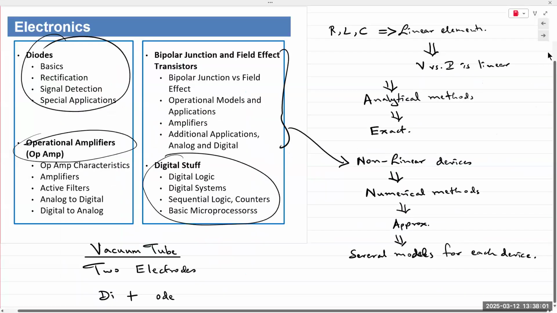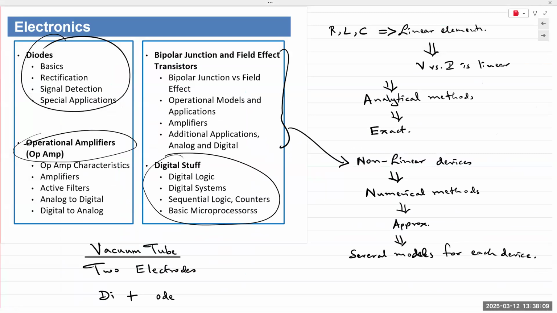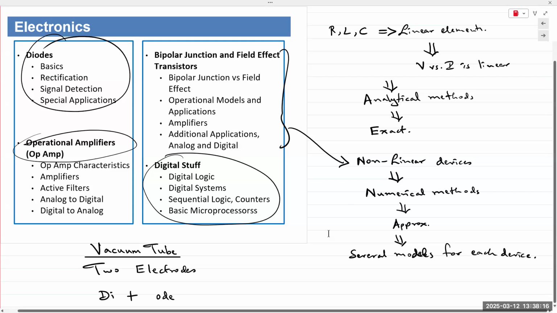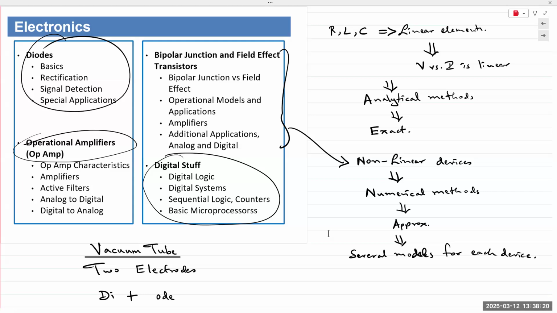For every chapter there'll be some fundamental questions, short answer questions based on fundamentals and the concepts. Same for chapters 1, 2, 3, and 4. Chapter 5 is not going to be on the final exam. The latter portion of chapter 4, which is sequential circuits, is also not going to be on the final exam.